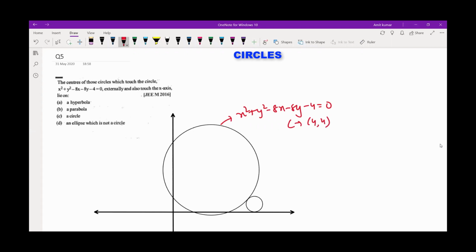Its radius is the square root of 16 plus 16 plus 4, that is 32 plus 4, the root of 36, which is 6. So R1 is 6.